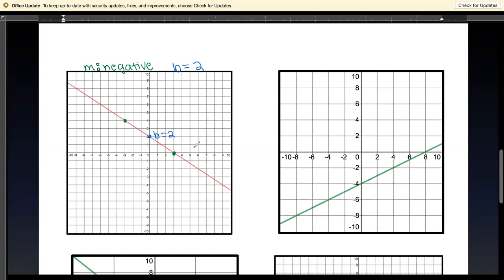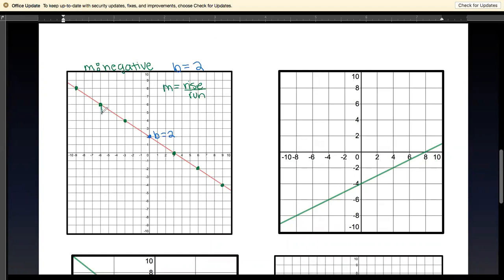You can use any point on the line, any point. So to find my slope, it's rise over run. I think that's also where people flip them. So I'm trying to figure out a way to help you understand it's rise over run.